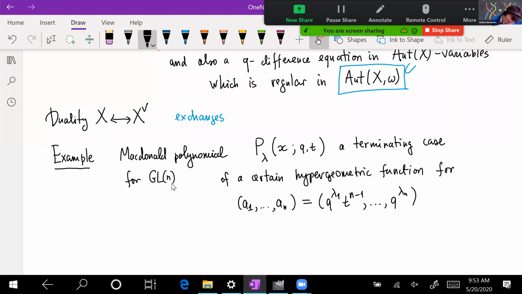And so then the remarkable fact is that there's a label-argument symmetry of Macdonald polynomials.